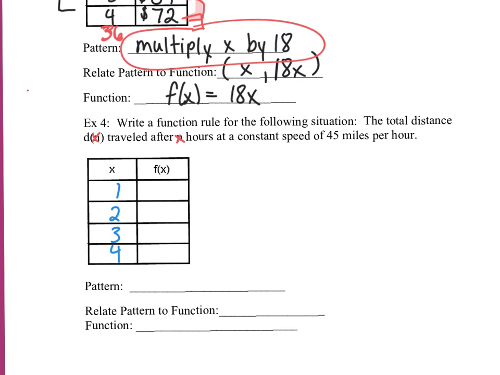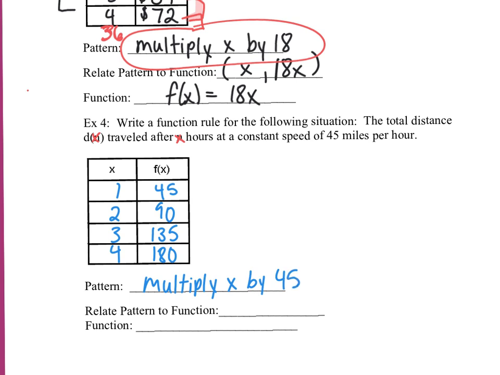What are the f of x's, or the outputs that you got for 1, 2, 3, and 4? 45, 90, 135, 180. Good. The pattern is to do what? Multiply x by 45. Yep.